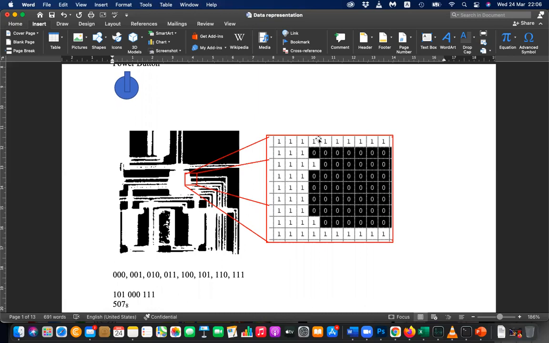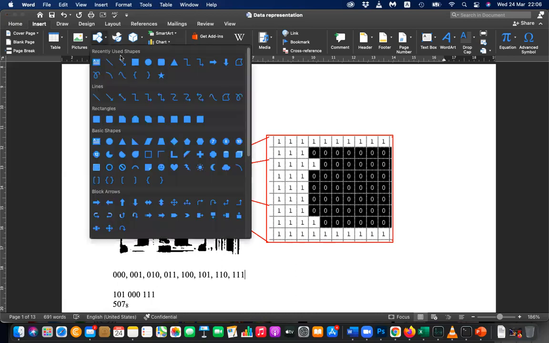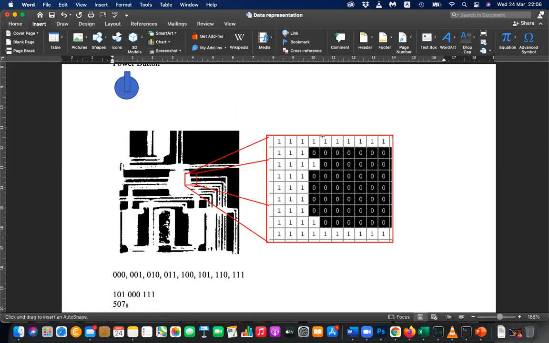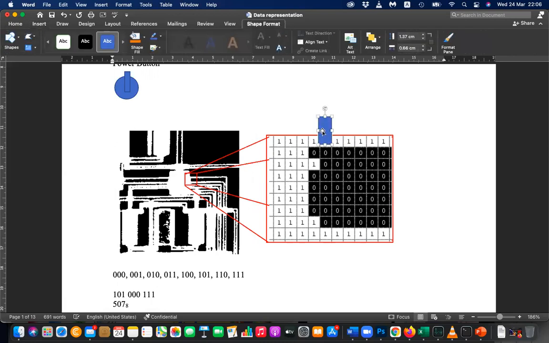Each one of these will have 3 bits. So how is it represented? You need another dimension. It has another 3 bits. So let's say this is 3D, going up, coming toward our direction.